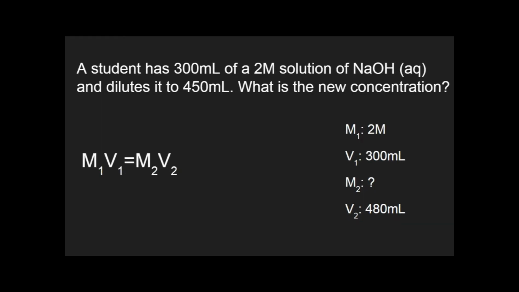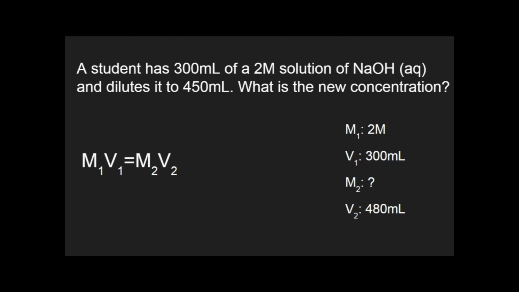Lastly, we're going to calculate the new concentration after we've diluted it. This is probably one of the most common calculations that you'll be doing in a laboratory setting. A student has 300 milliliters of a 2 molar solution of NaOH aqueous and dilutes it to 480 milliliters. What is the new concentration? As always, we have our equation M1V1 equals M2V2, and then we list our givens. M1, or the initial concentration, is 2 molar. The initial volume is 300 milliliters.